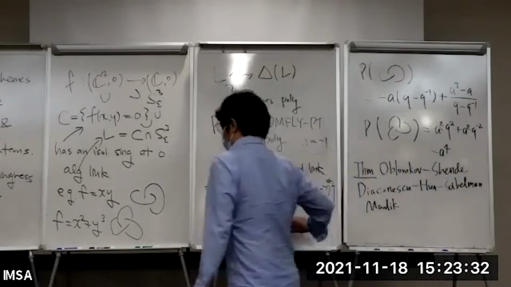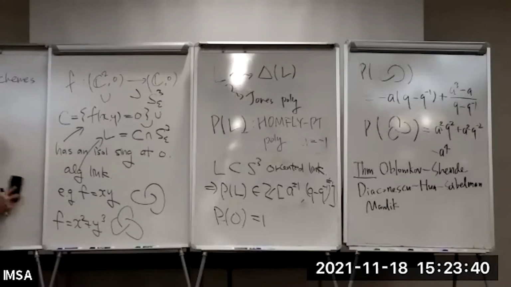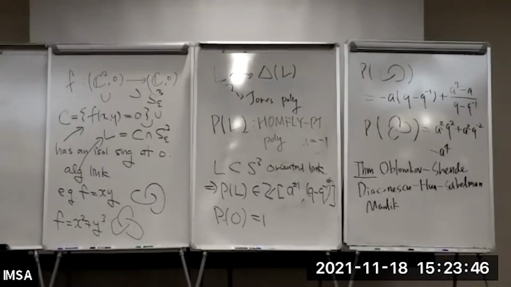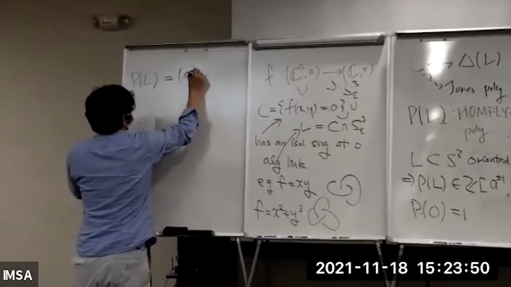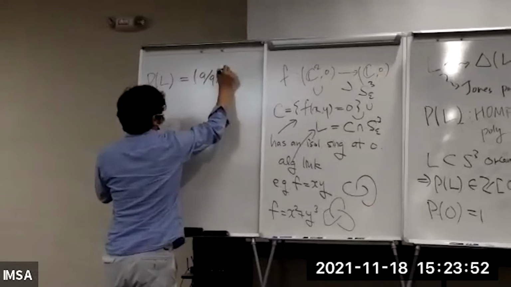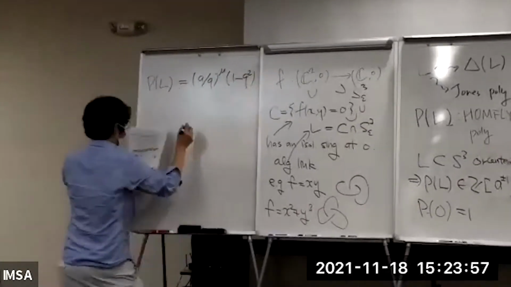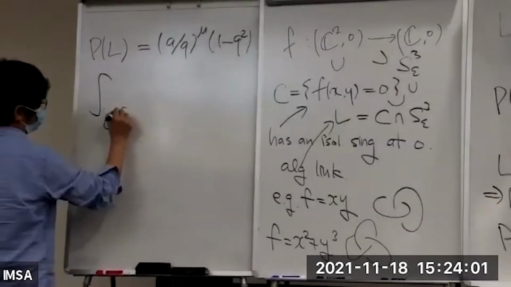So anyway, let me show the formula. This HOMFLY polynomial can be expressed in algebraic geometry form. This HOMFLY polynomial is nothing but (a/q)^μ, the Milnor number, times the sum of terms with q^{2l} and (1 - a^2)^{m-1}, integrated against the Euler characteristic.